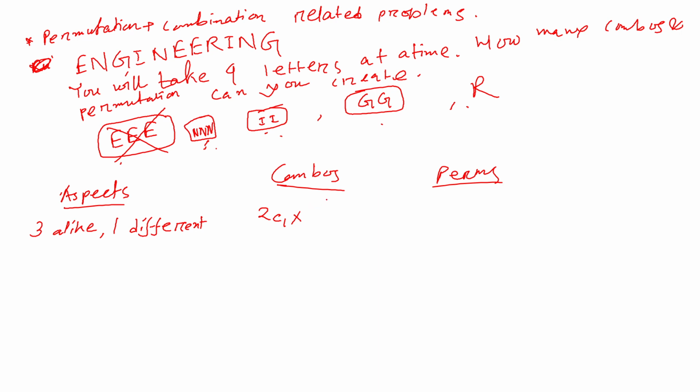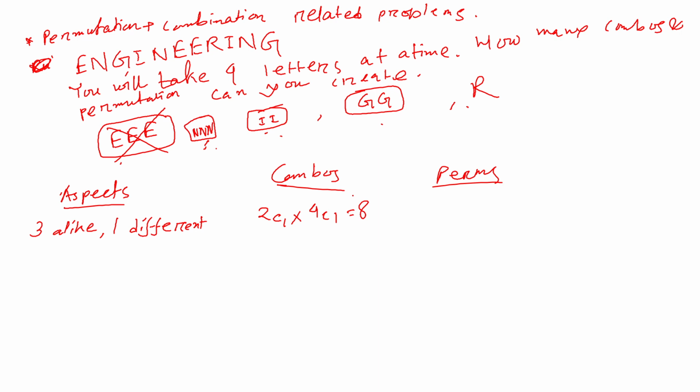Come on, this is very easy. 4C1. From the four types of letters, how many ways can I choose one type of letter? That would be 4C1, right? So this is how I get the combination, that is 8.